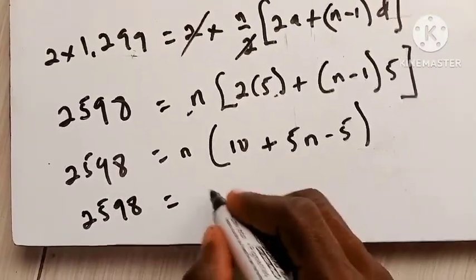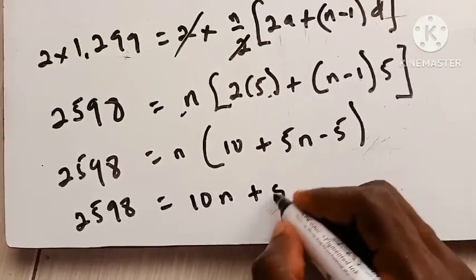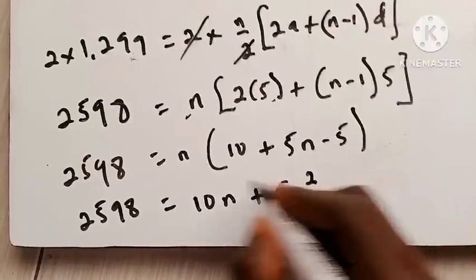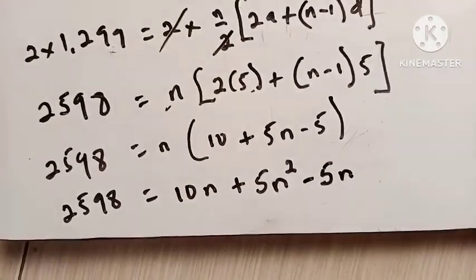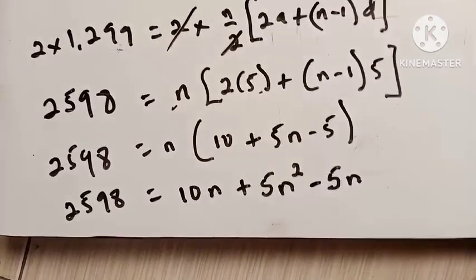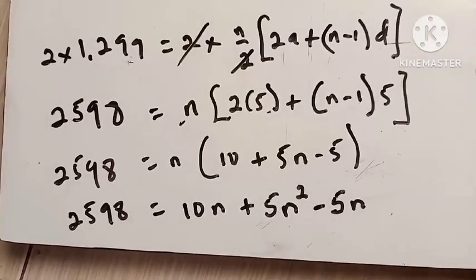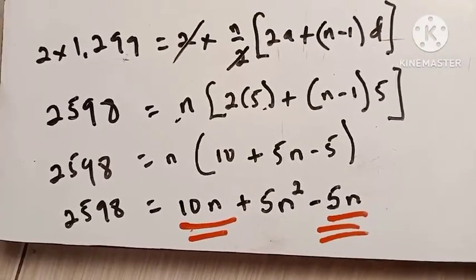That's equal to 10n. This 10n plus, so this multiplied by that should be 5n squared, right? So this multiplied by that is going to be minus 5n. Okay. Is that okay? So what is happening? We can see some n somewhere here. So there's n here, and then there's another n here. So you need to group the items, right?